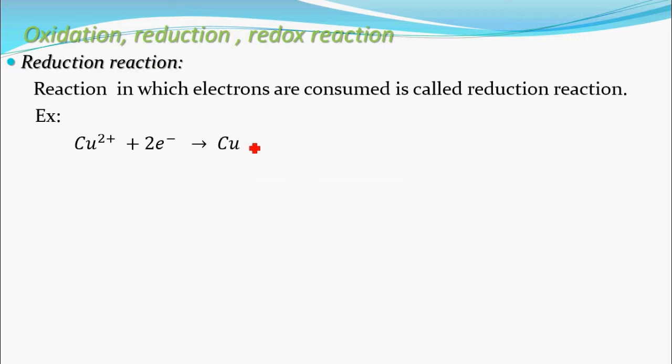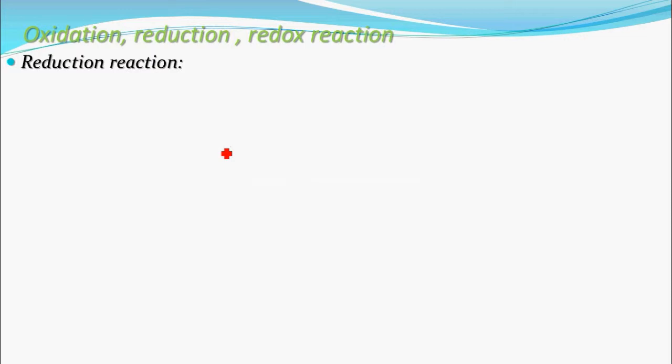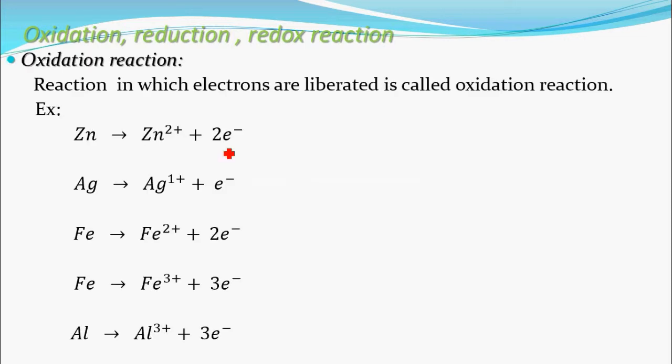This is to attain stability. Zn is stable only as Zn2+, so it is ready to give electrons.